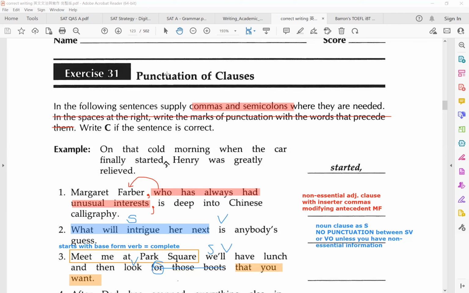I have an imperative sentence followed by another complete sentence. So what I need to do is add a semicolon or something of a period function in between my 2 sentences. All right, so essentially the layout of this is independent, semicolon, independent plus dependent. All right, and that is that.